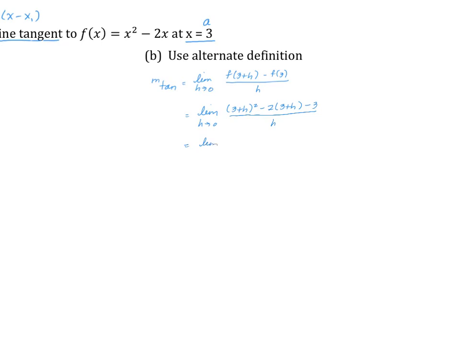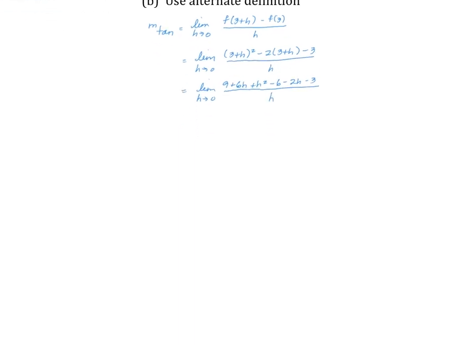So let's go ahead and multiply out, combine like terms, see where we're at. This would be 9 plus 6h plus h squared minus 6 minus 2h minus 3 all over h. Again, if I evaluate as h goes to 0, I still get the indeterminate form 0 over 0. So let's go ahead and simplify.